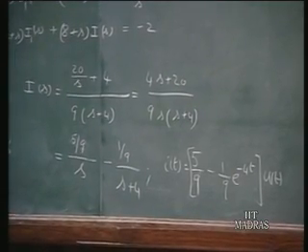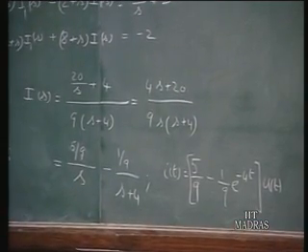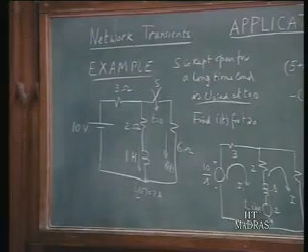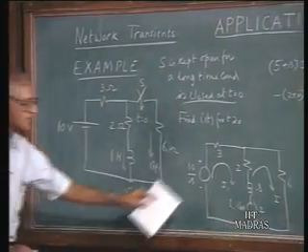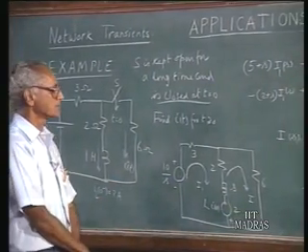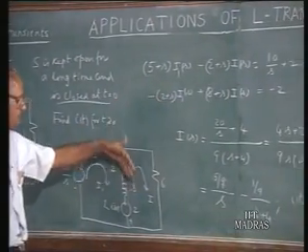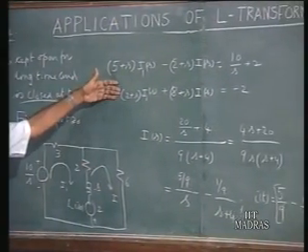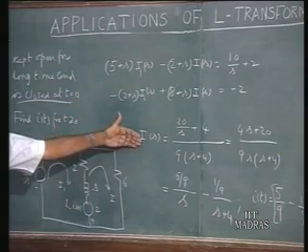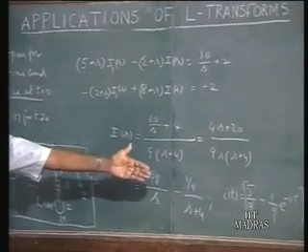So let us see what we have done. We started with this circuit diagram, replaced this by a transform diagram, and from the transform diagram you set up the algebraic equations pertaining to the transform diagram, and solve for the current I2(S), the required variable, and find out the inverse Laplace transform.